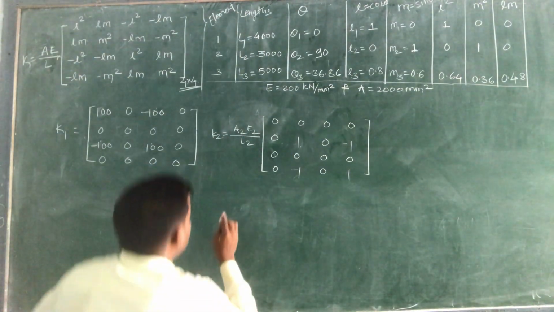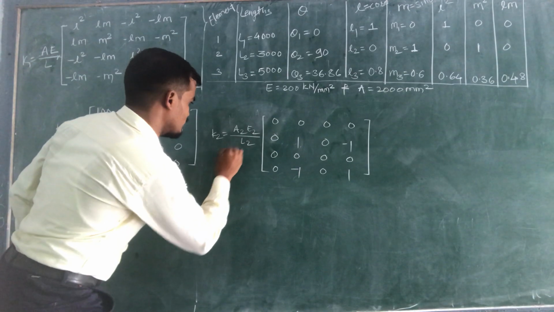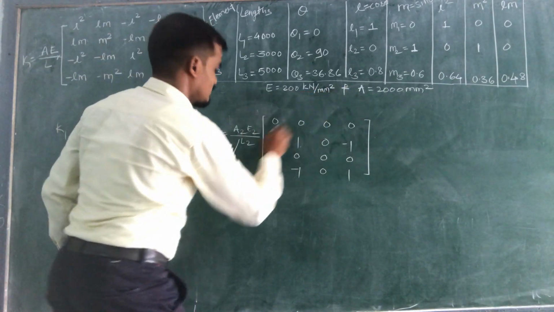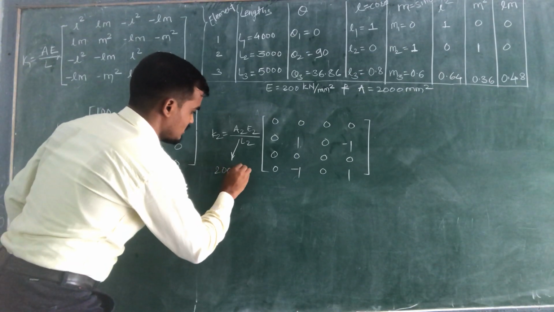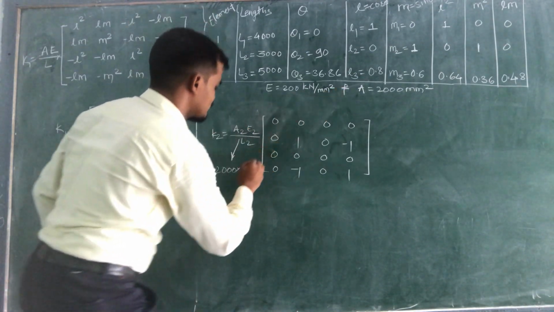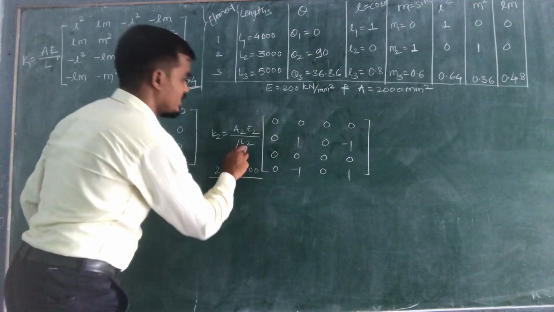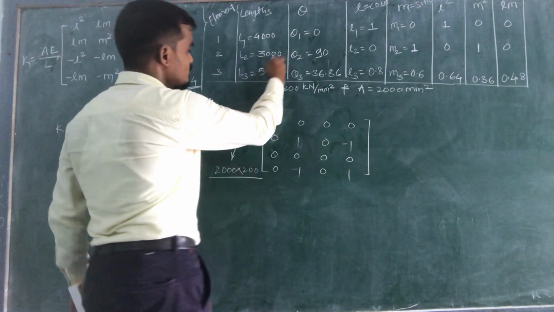So for K2 we need to find this value. A2, the area, is the same, 2000 mm square, and E is also the same, 200, divided by L2 for this element. L2 is equal to 3000.